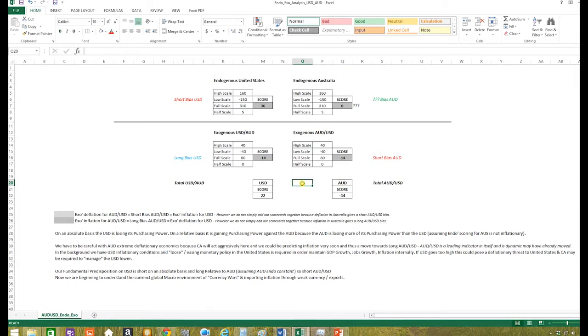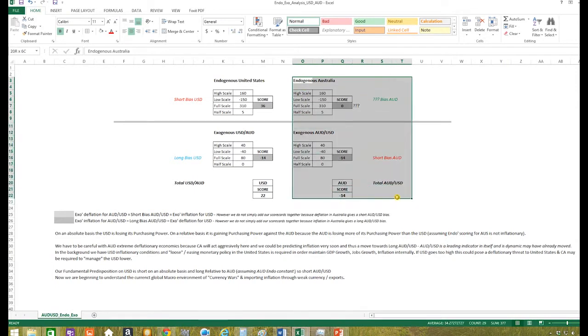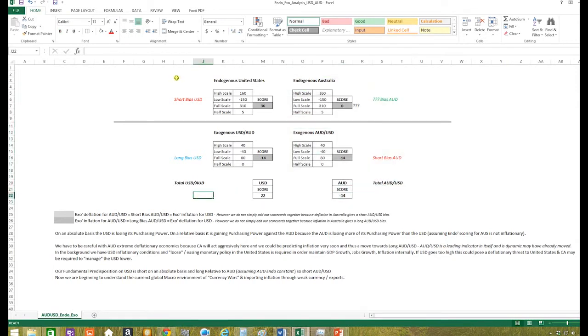The Australian economy is giving us a negative score, so contributing deflationary overall, so endogenous plus exogenous. And the United States is contributing positively overall because we have an endogenous positive inflationary and we have an exogenous negative that's coming from our dynamic relativity principle that gives us a long bias in the US dollar.